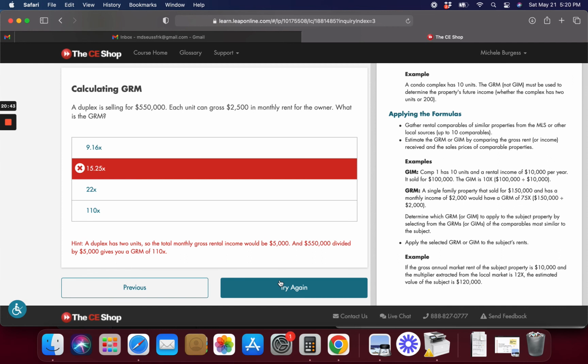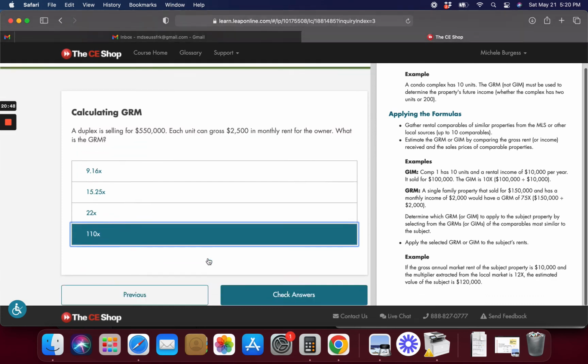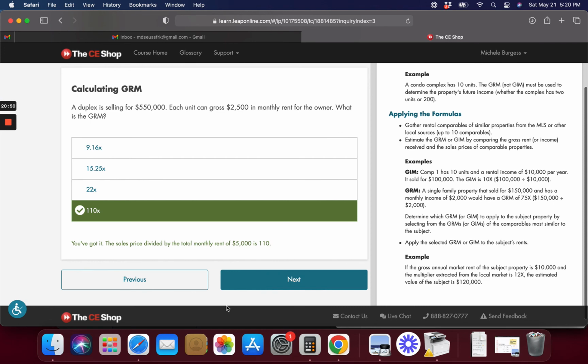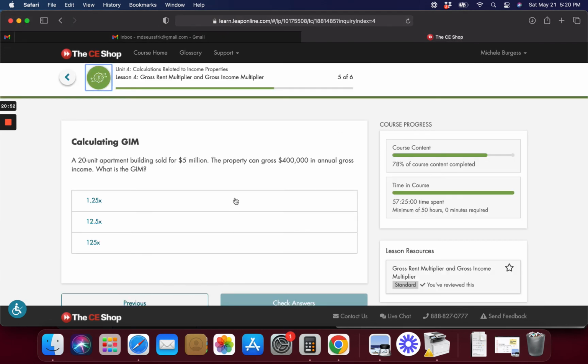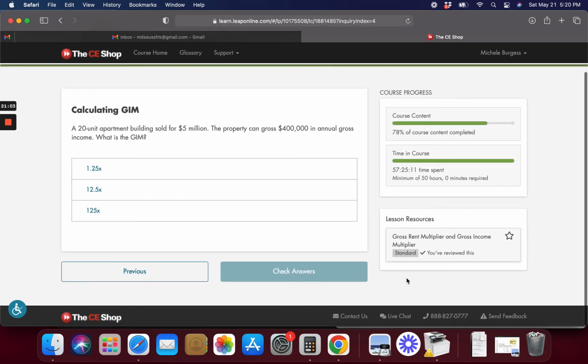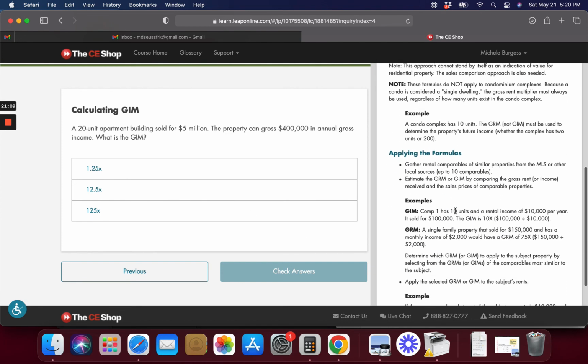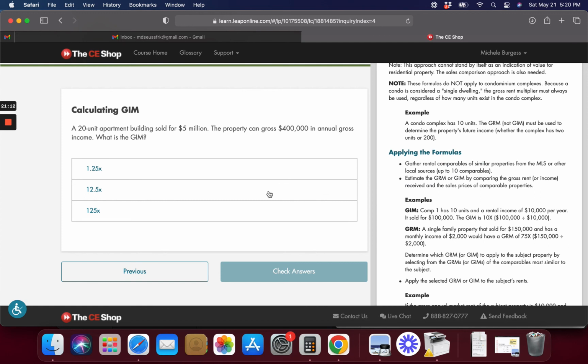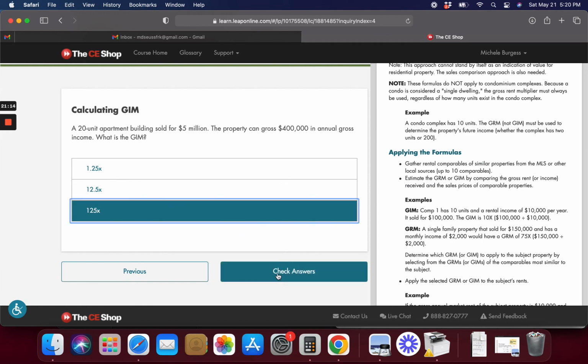All right, a 20 unit property can gross 400,000 in a year. So I want to say it's 125.